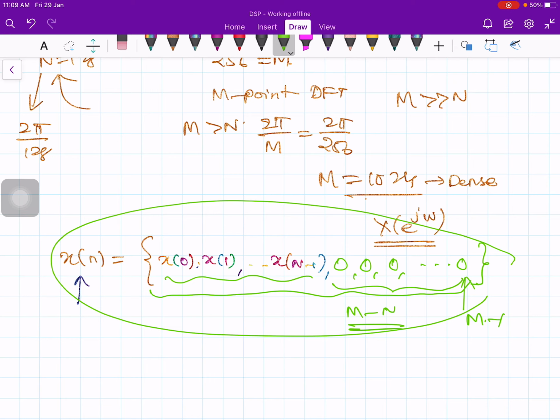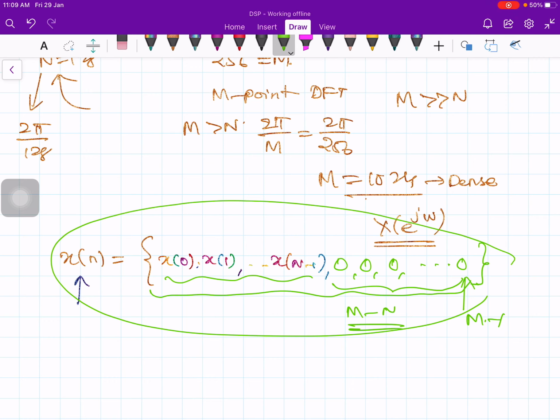But the given original sequence is for an N point DFT.